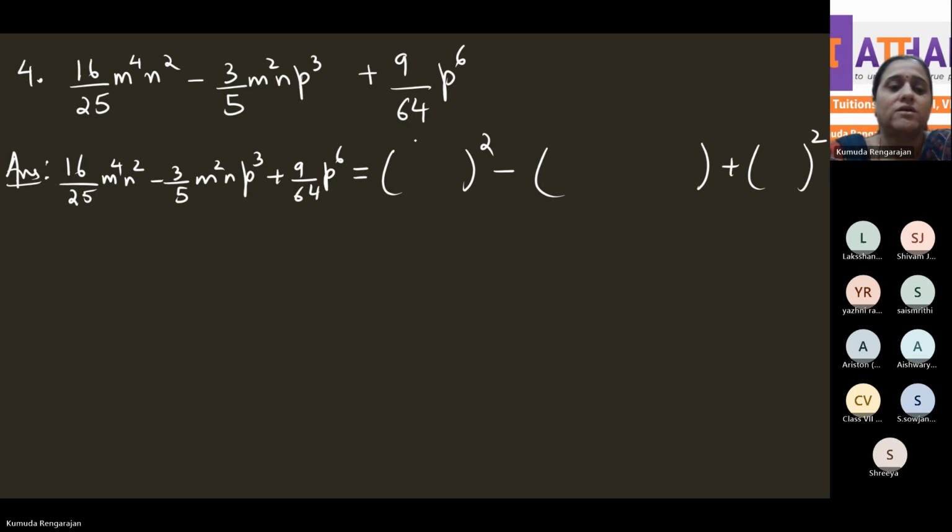Empty brackets. So what will be in the first empty bracket, children? What goes into the first empty bracket? I'm expecting an answer from your end. 16 is what? What square is 16?